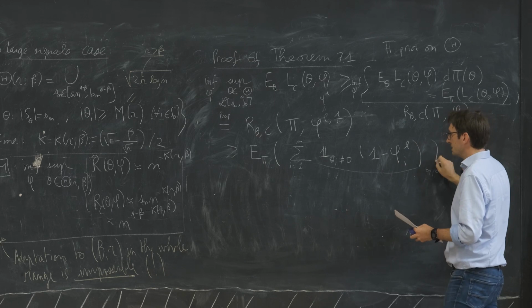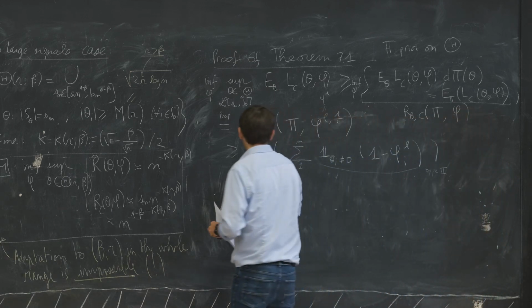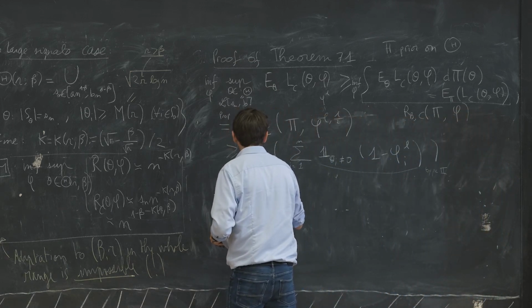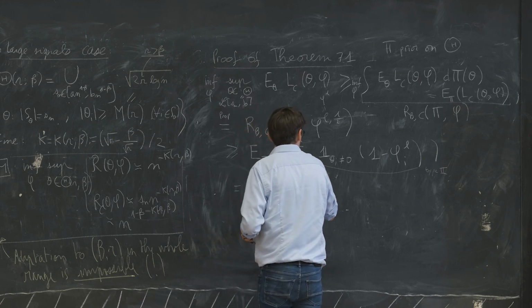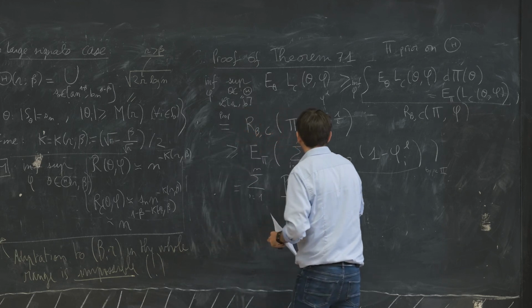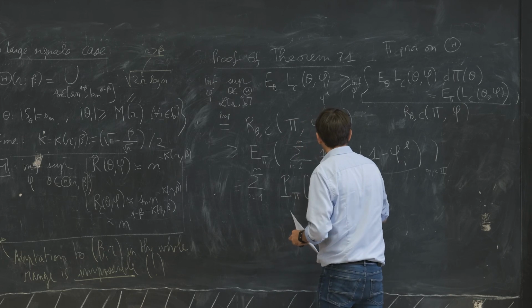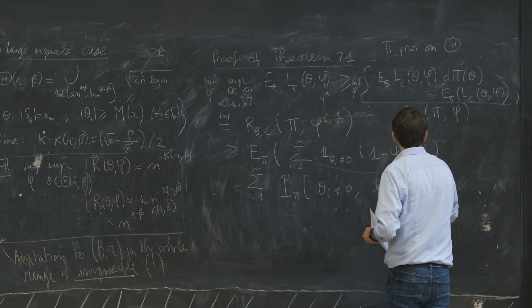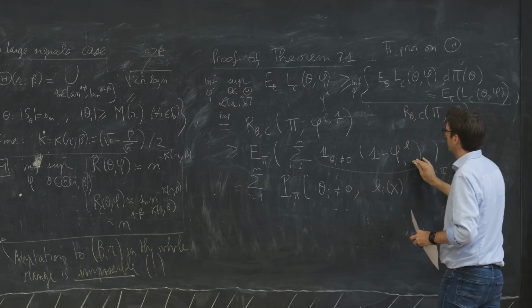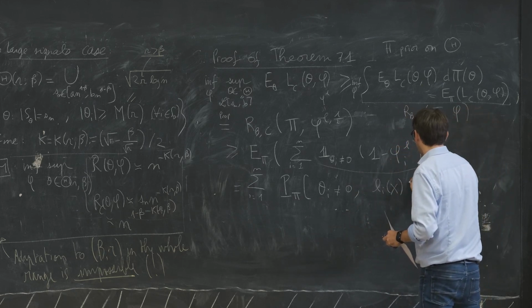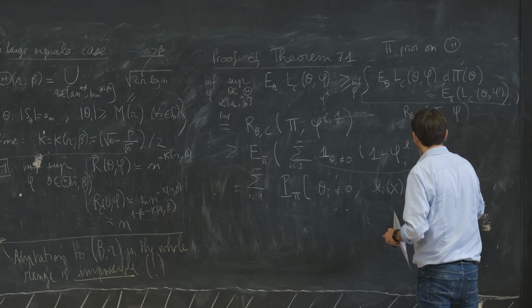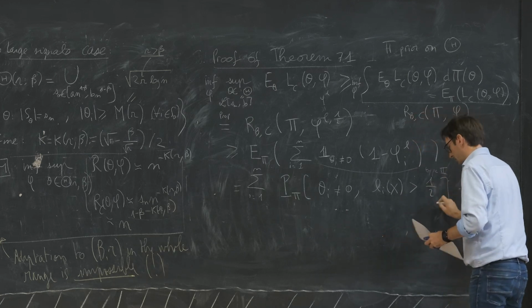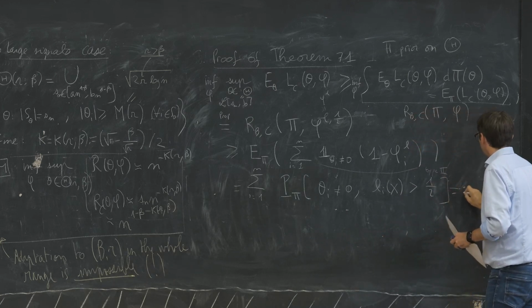So this I can rewrite by linearity as the probability under the Bayesian model that theta i is non-zero and that the L-value is larger than a half, since phi is 0 by definition. I'll denote this by M1.